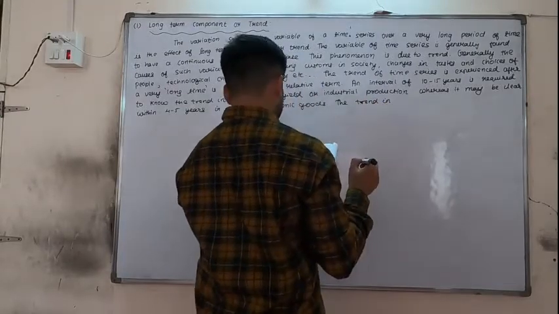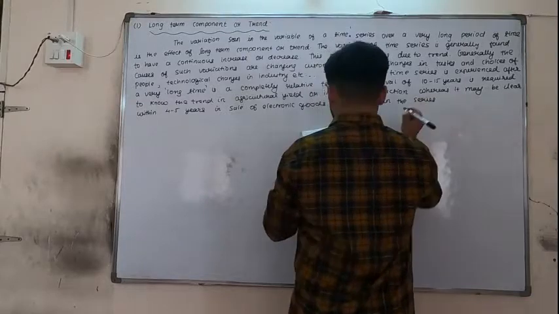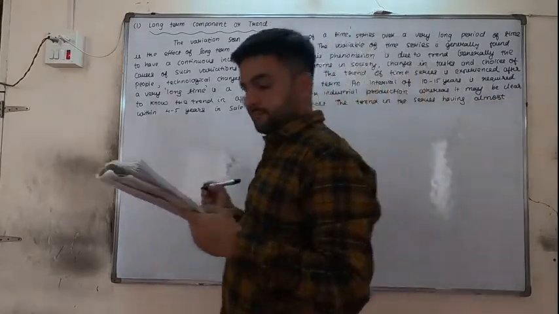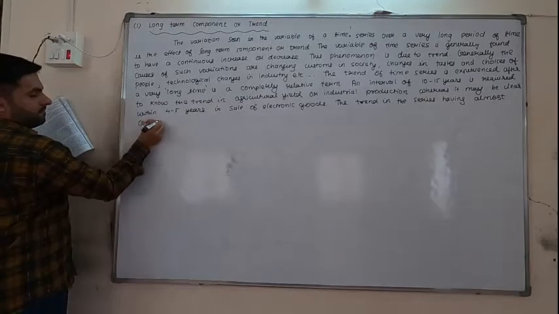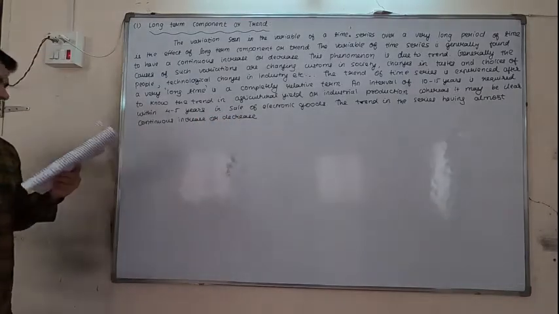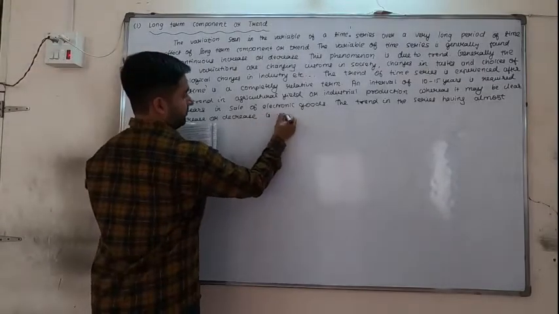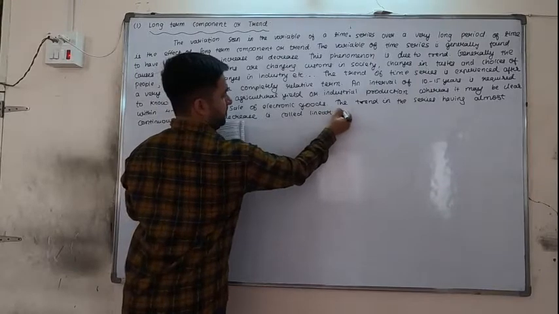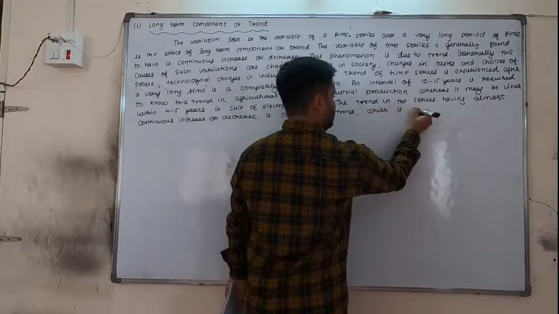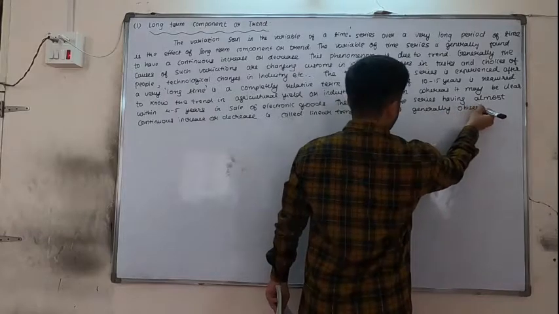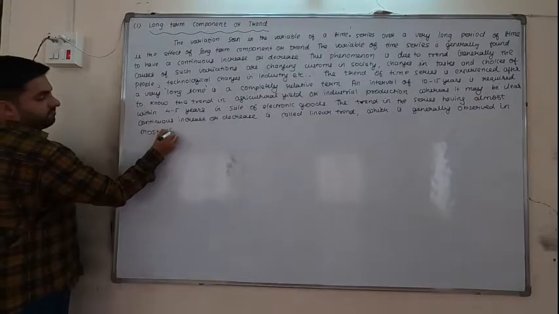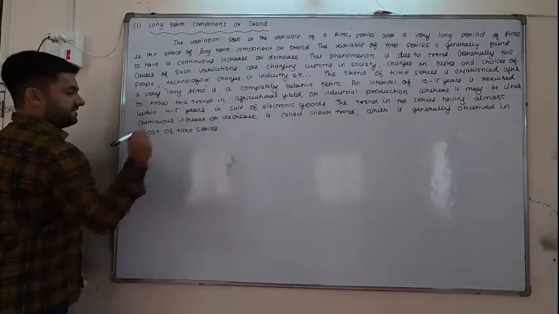The trend in the series having almost continuous increase or decrease is called linear trend, which is generally observed in most time series.